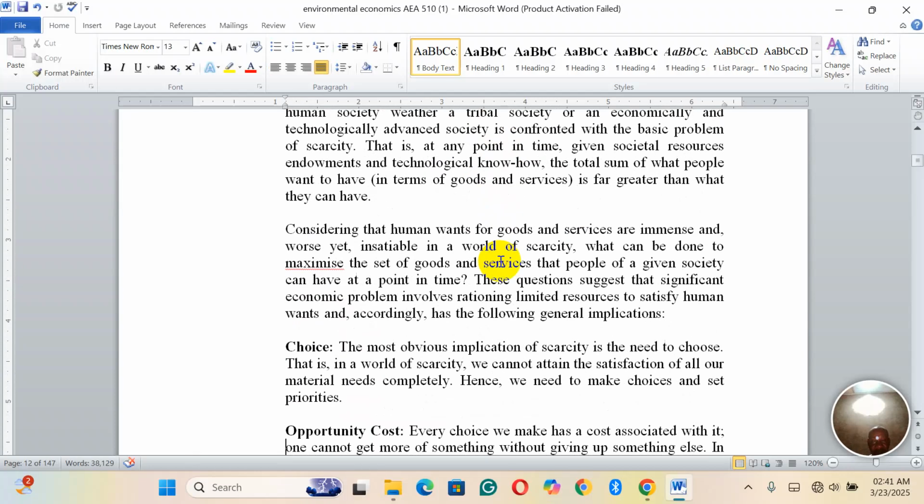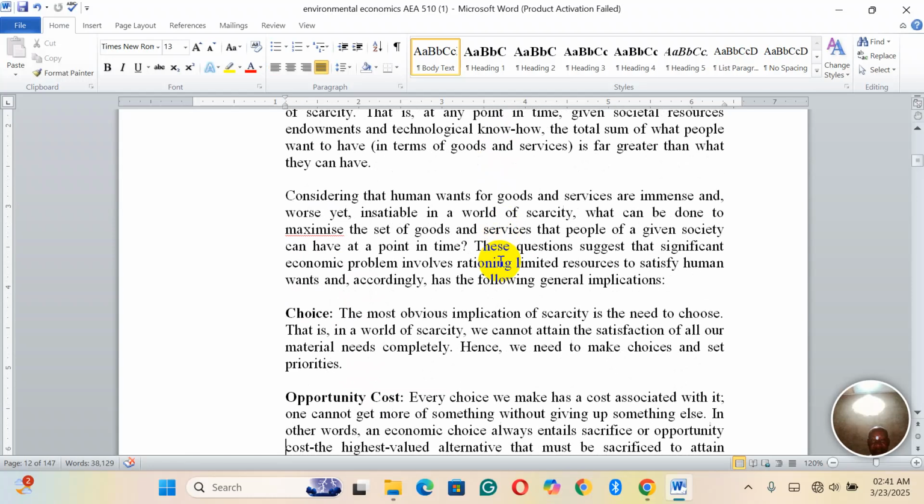So, considering that human wants for goods and services are immense and insatiable, what can be done to maximize the set of goods and services that people of a given society can have at a point in time?